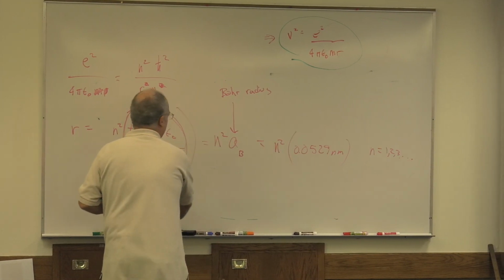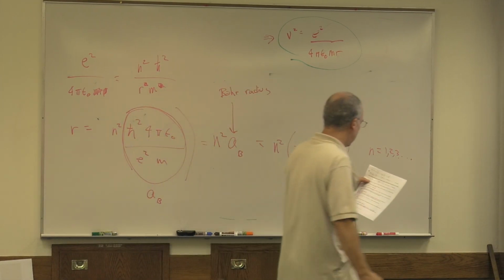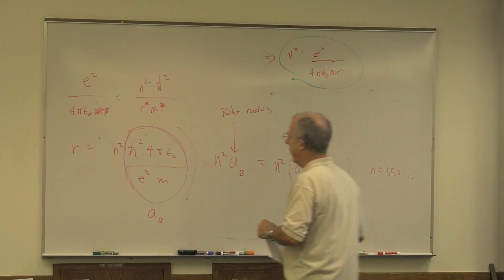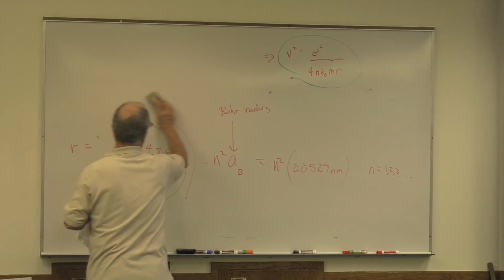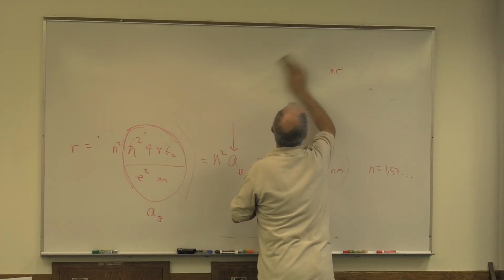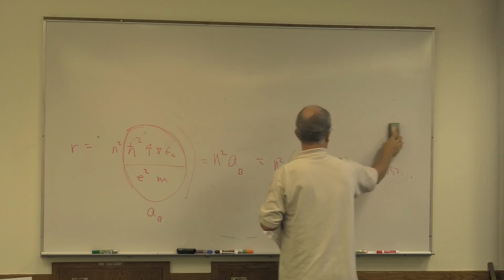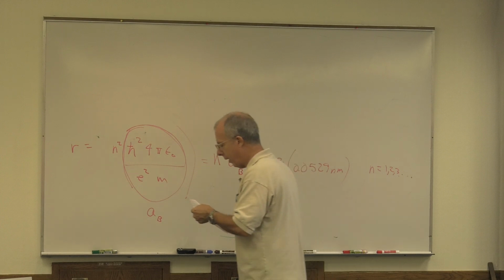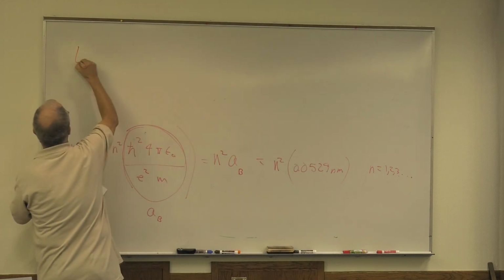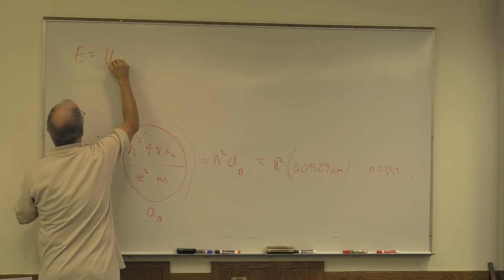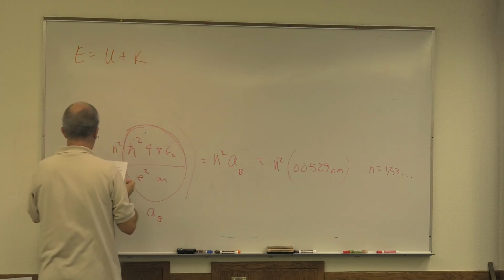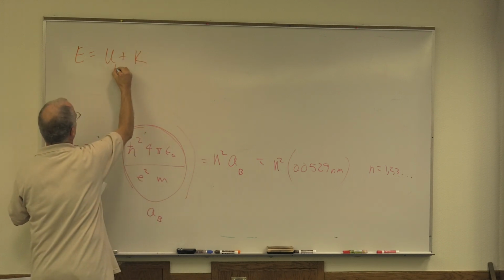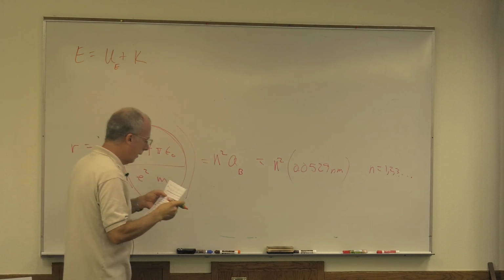Okay, now we might as well find the energy, right? Oh boy. All right, let's find the allowed energies of these electrons. So the total energy is the potential energy plus kinetic energy. And this is the potential energy, electric.